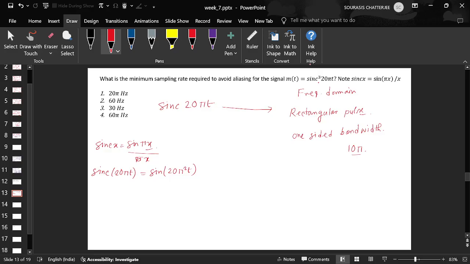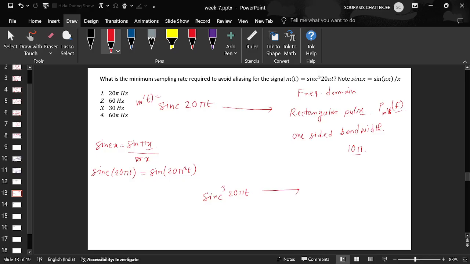So now you have to find the bandwidth of the signal m(t), which is a sinc cubed actually. Let's say the frequency domain representation, we denote this function as m dash of t, so it's M dash of f. So now I have sinc cubed of 20 pi t.